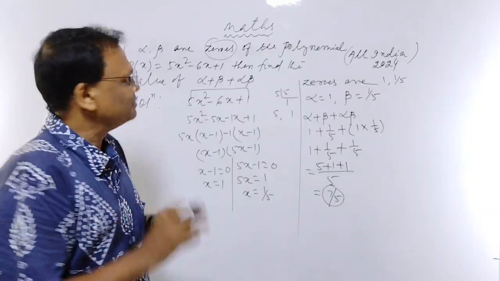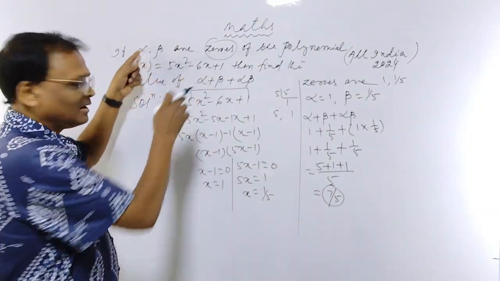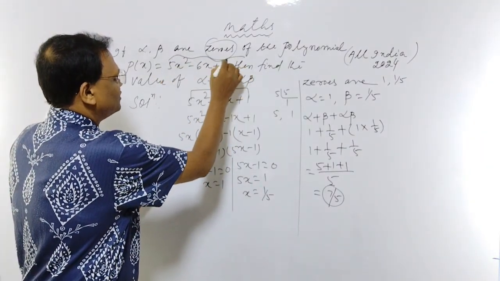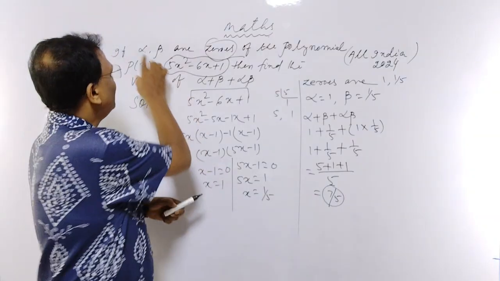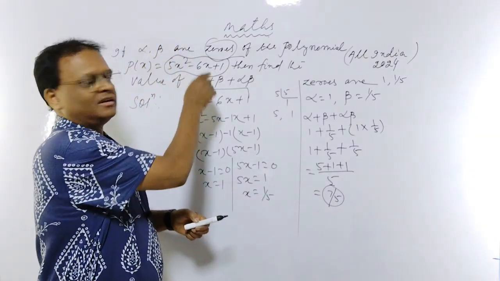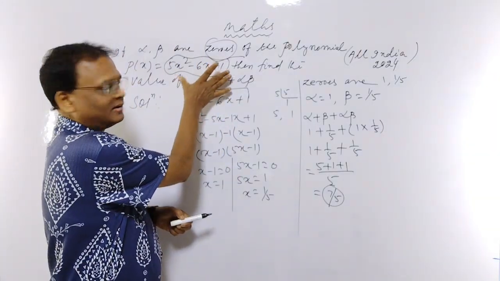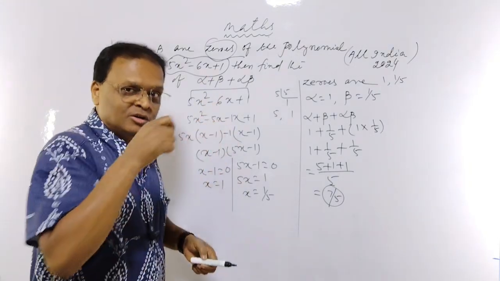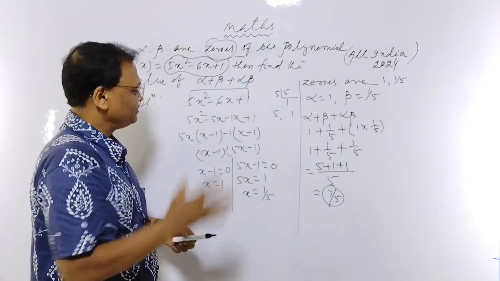In fact, the question is nothing. He is telling that the zeros you get from this polynomial are nothing but alpha and beta. So I need to find what my zeros are from this polynomial, so first I'll take alpha and second I'll take beta.